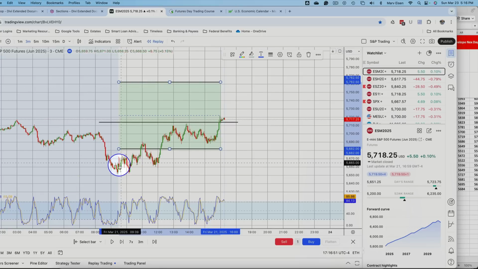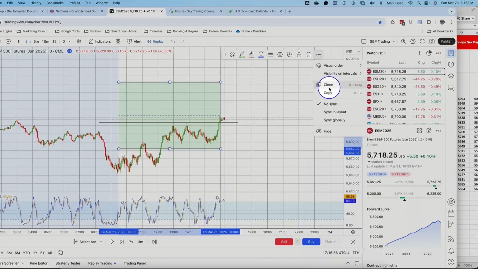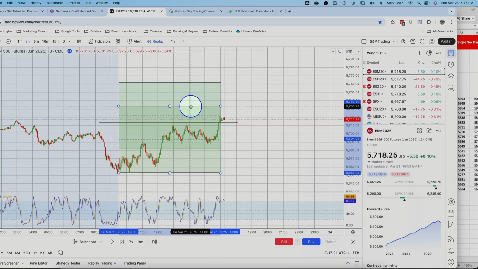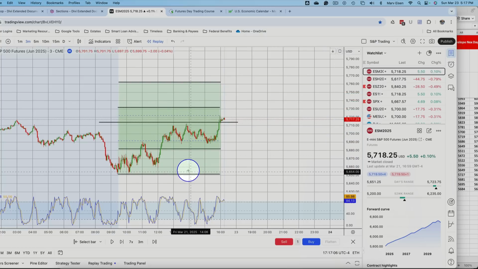In the morning, they traded outside below the trading zone, but I'm going to clone this, and I'm going to bring the clone down to the intraday low, around here, and this is where prices traded. This was the 80-point predicted range, and it traded within 10 points of that range. It traded within 70 of the 80 points of the range that was predicted for the day.